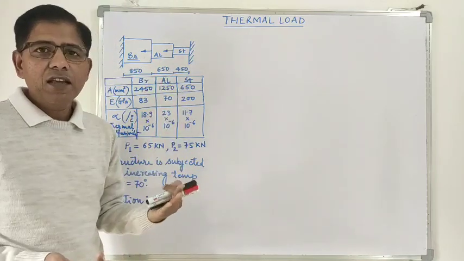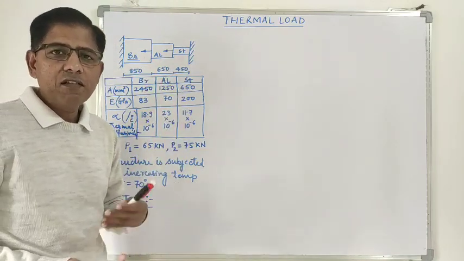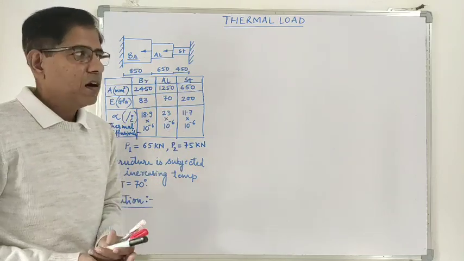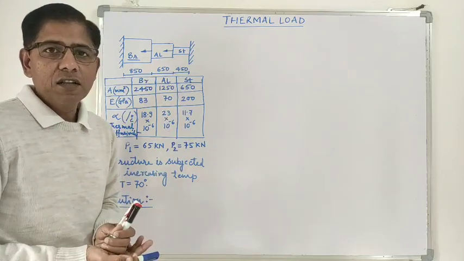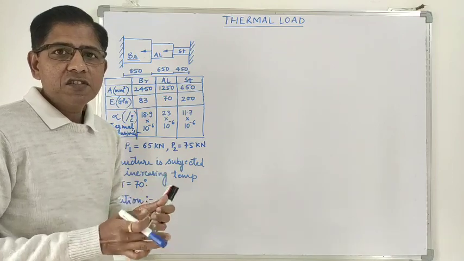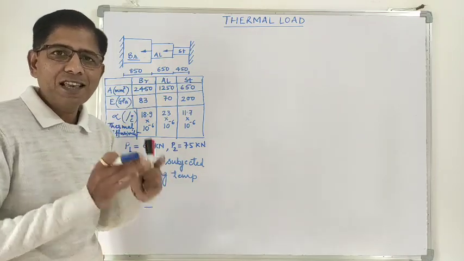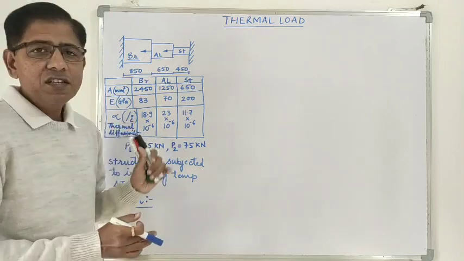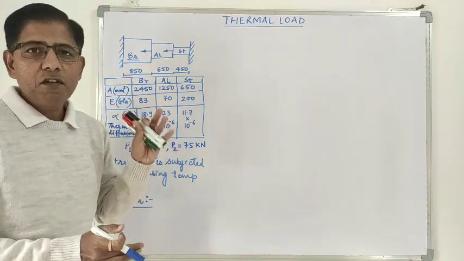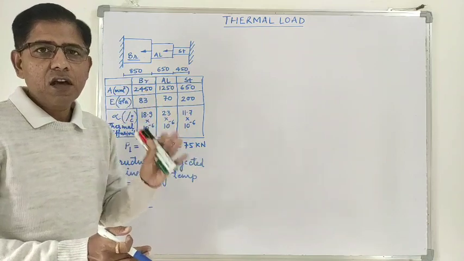In the same way, while calculating a self-weight example, if the density is given, it is assured that you have to consider the self-weight of the system. Similarly, if the thermal diffusivity is given, you have to consider thermal load.